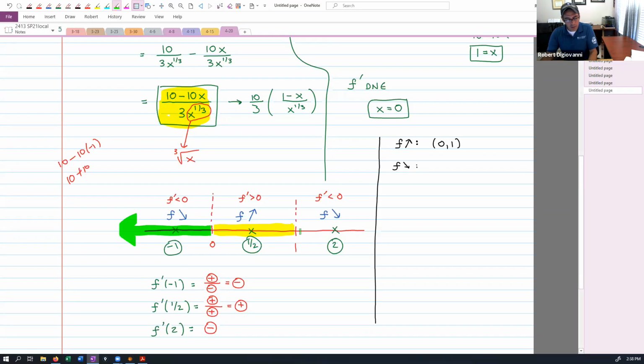Left of 0, right of 1. Be real careful. Some of the mistakes students will make is that on these intervals, they'll accidentally use the test points. The test points will never be part of your answer. It'll always be the critical numbers. So just be careful with that. So I'm going to have negative infinity to negative 1 union 1 to infinity. Questions on that?